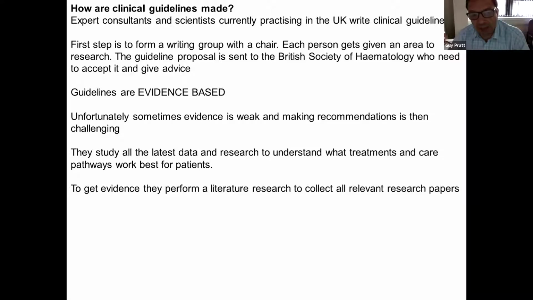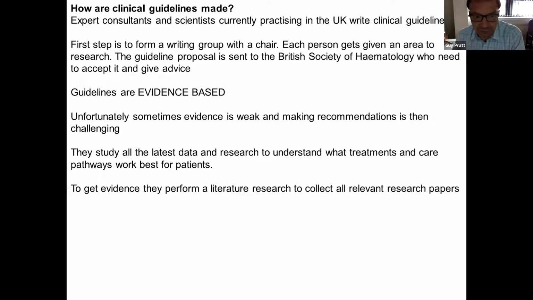They're evidence-based, so it requires looking at all the literature and trawling through the literature and making recommendations based on that. It can be difficult. The evidence is not always strong, and you need help.